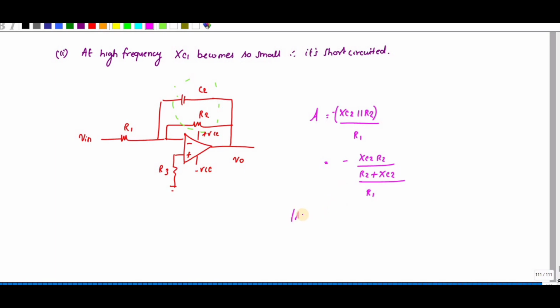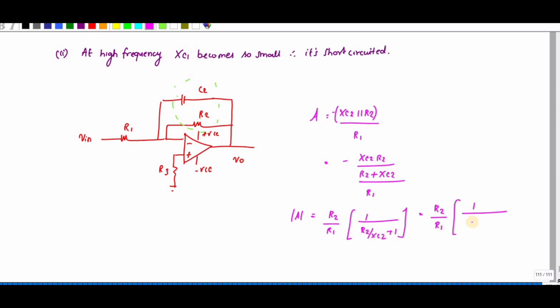So here if I take the modulus value, I will get R2 by R1 into 1 divided by R2 plus XC2 plus 1. Okay, so what is XC2?